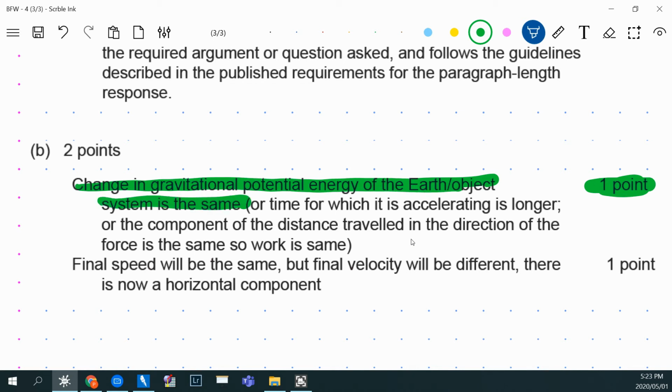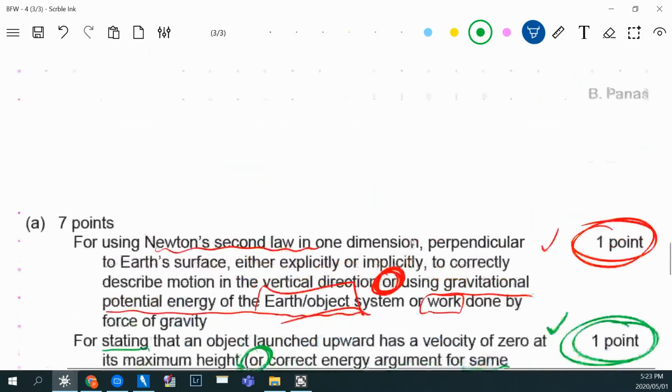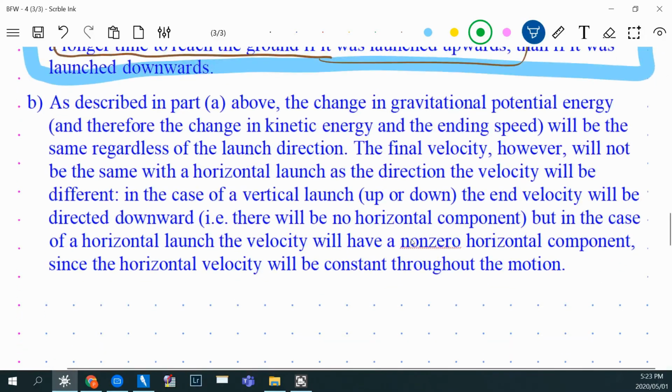So I guess you still could have used a kinematic-based approach, but I did not do that. I absolutely said, almost word for word, the change in gravitational potential energy, and therefore all of these other things will be the same. I've, again, used probably far more detail than is needed, but just for clarity, the extra detail I gave is not irrelevant, and it is not incorrect, so that would certainly not jeopardize any points.